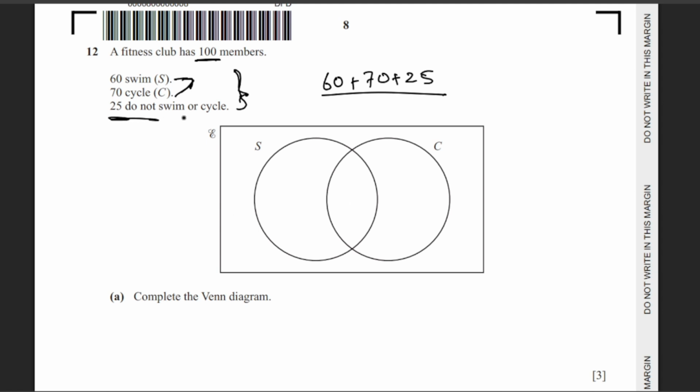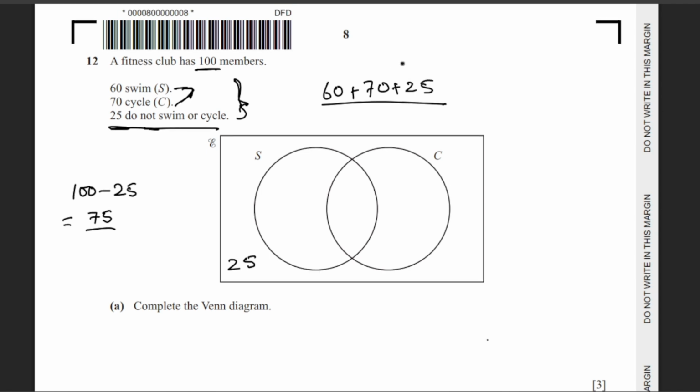But we know that 25 don't do either, so let's write 25 down over here. Now, 100 minus 25 equals 75. That means the total number of people who swim, or cycle, or do both is 75. Now we need to find out what number that is exactly.